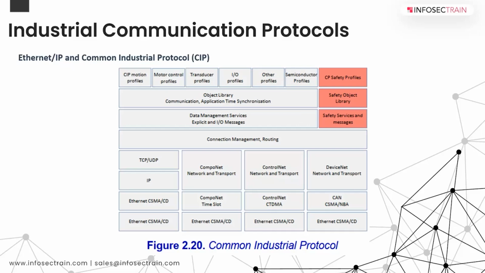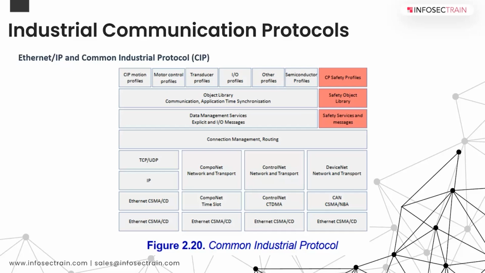CIP is a protocol based on object-oriented modeling, right? And each object consists of attributes, which could be data, services, commands, connections, and behavior. So what happens is the relationship between the data and services, that is the behavior. So this is very helpful and very important as well.